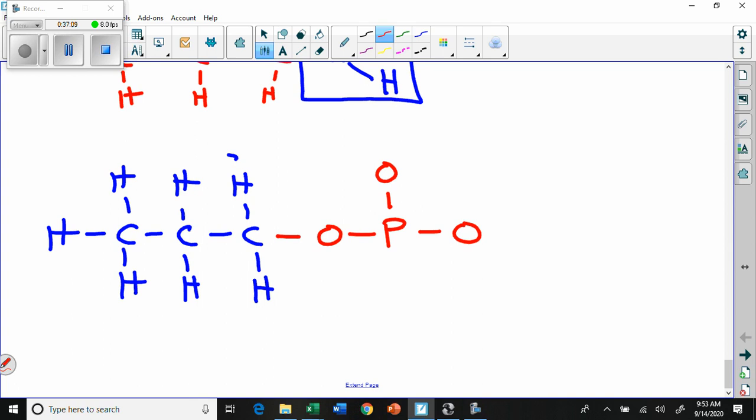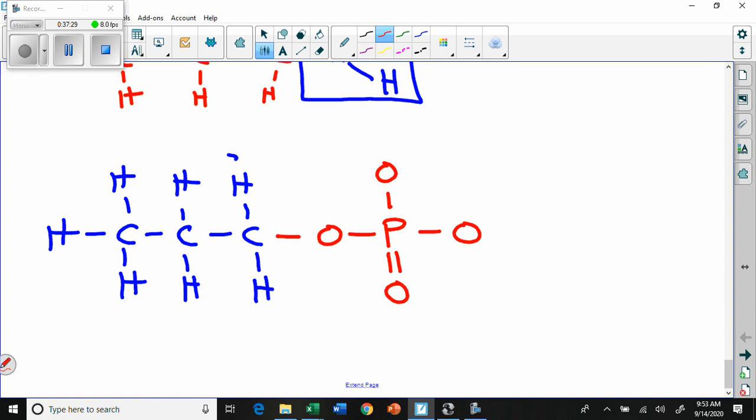So typically, oh, there's a double bond here. I'll finish that. So it's like a cross. It's a P surrounded by O's, and one of them is a double bond. It can be one of these three. It doesn't have to be that. It can't be that one, because O has already got two bonds. But the double bond can occur just about anywhere there if you twist it and bend it.